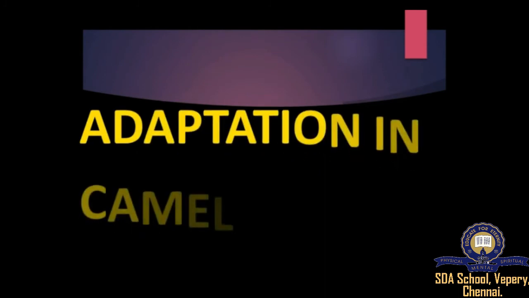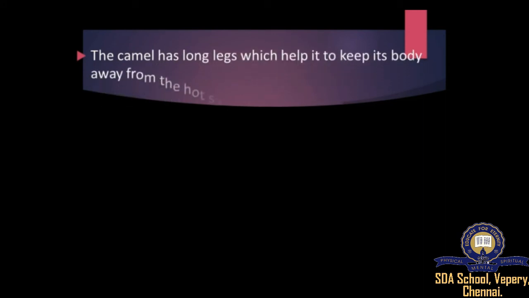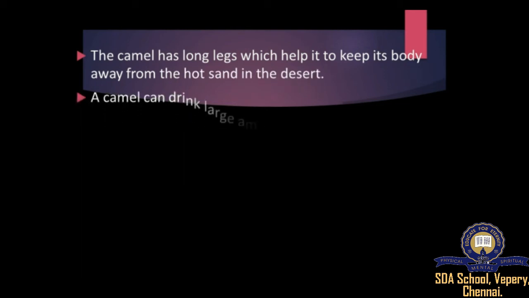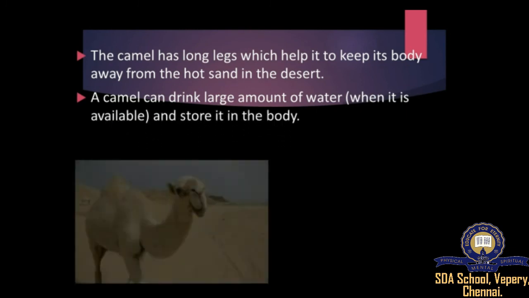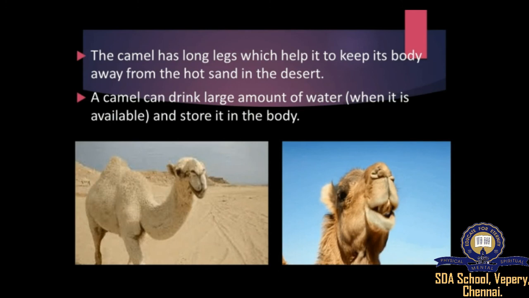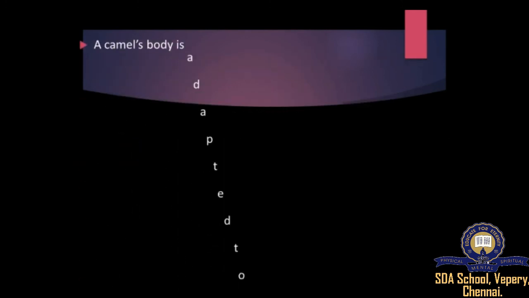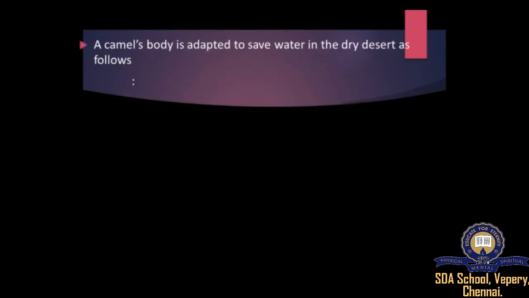Okay, and then we moved on to the adaptation in camel. So first we saw that the camel has long legs which help it keep its body away from the hot sand in the desert, and a camel can drink a large amount of water when it's available, and store it in the body. Okay, and we saw that the camel's body is adapted to save water in the dry desert as follows.